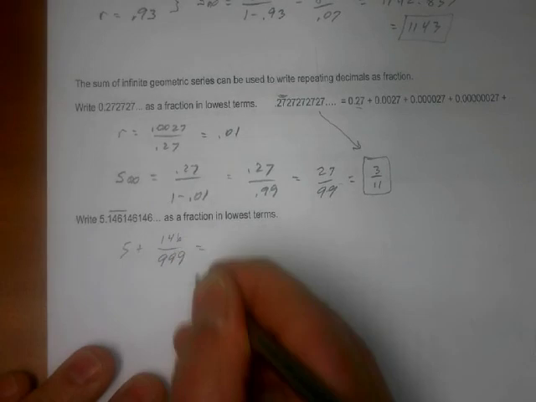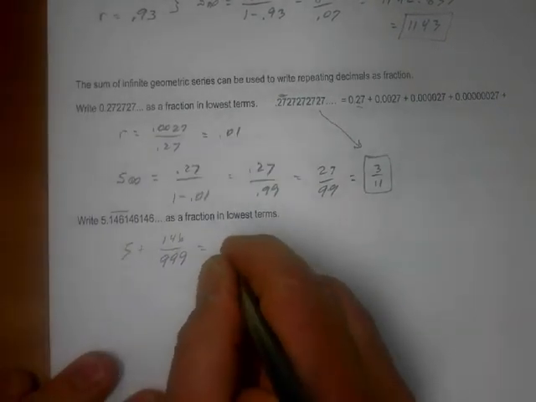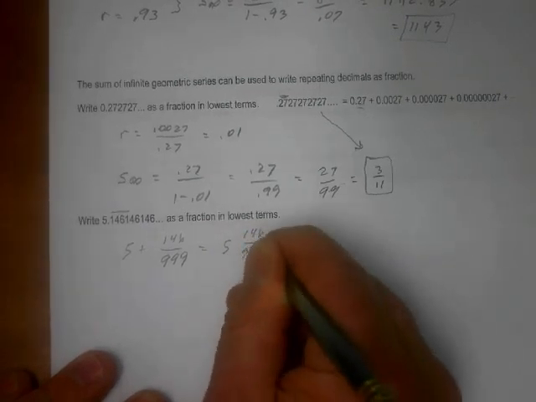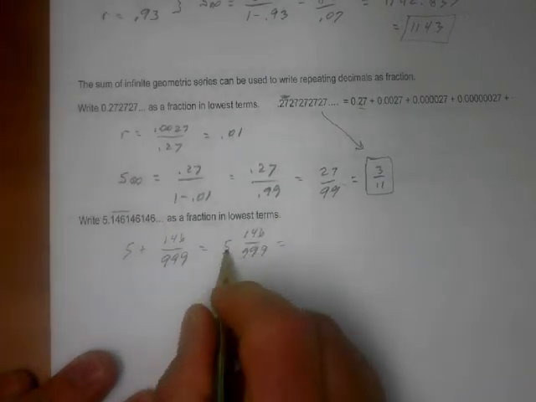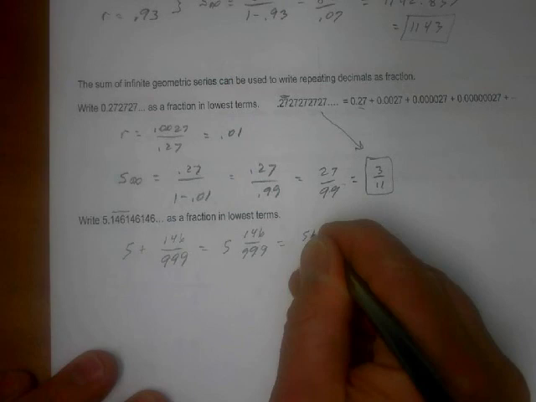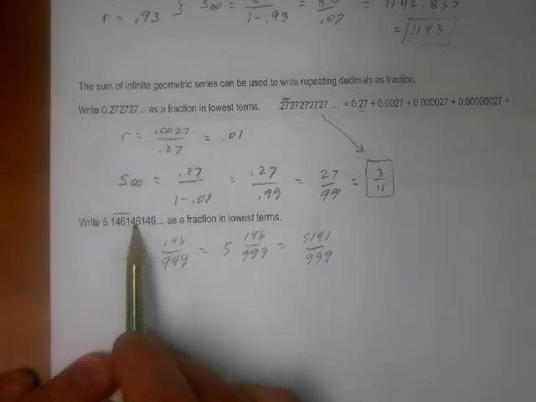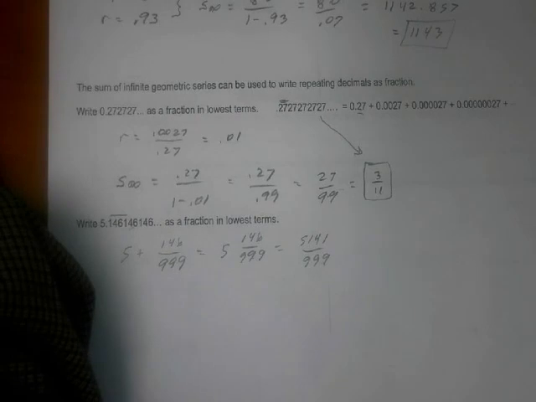If it's 3 places, it's going to be over 999, okay? Now you add those together, and you get 5 and 146 over 999. This equals, take and multiply the denominator by the whole number, add the numerator, and you get 5141 over 999. That's this number as a fraction. Let me know if you have any questions on 8.4.